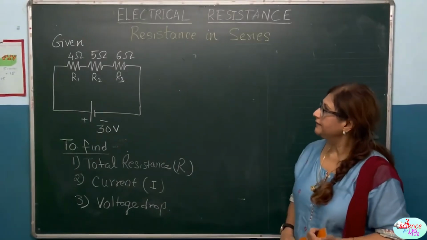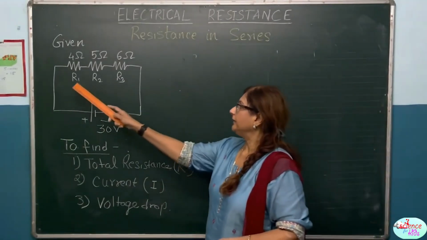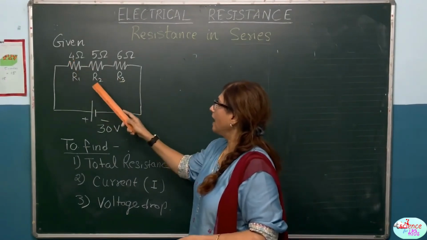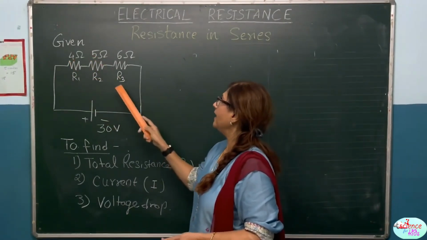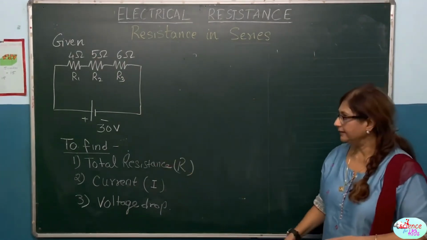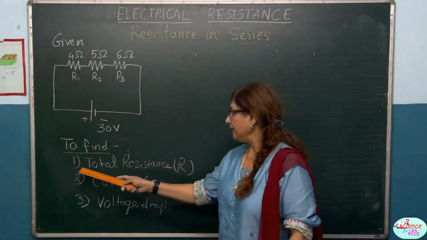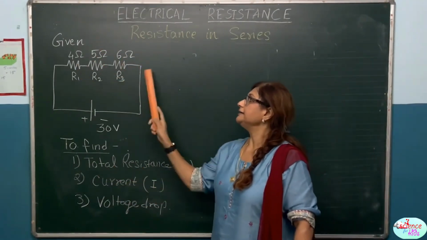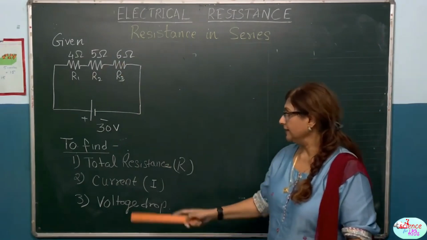Okay, let's solve this problem. There are three resistors connected in series. R1 is 4 ohms, R2 is 5 ohms, and R3 is 6 ohms. Now there are three things we need to find. One, total resistance, that is R, the total resistance of these three resistors.